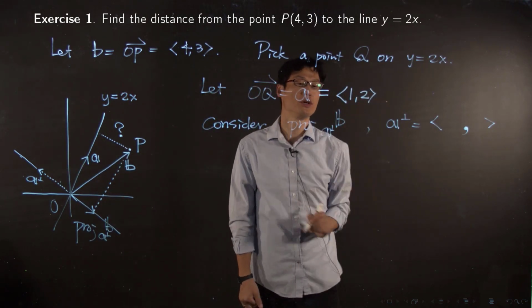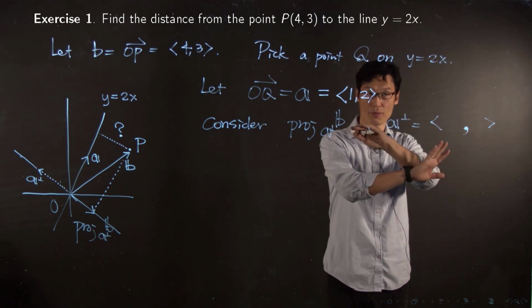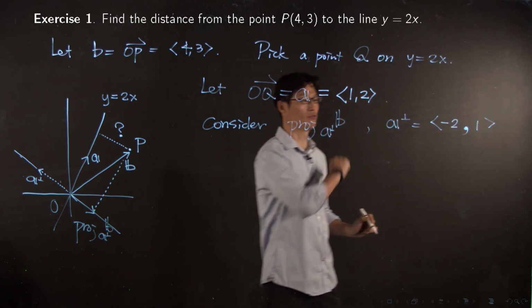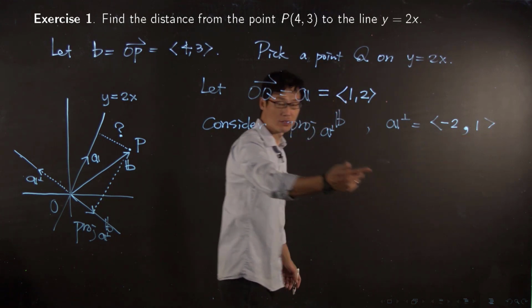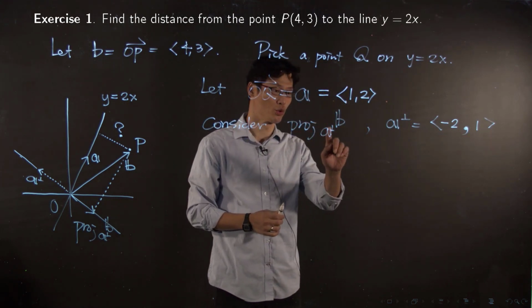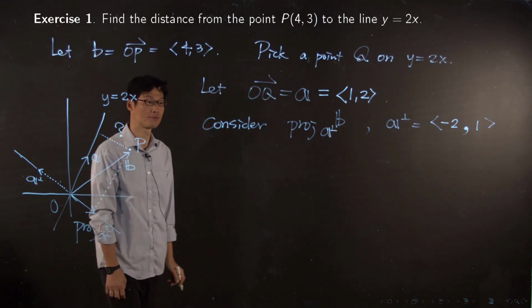Say (1, 2). So the orthogonal complement of this is, you swap the components and change the sign of the first one. So let us use this orthogonal complement and take the vector projection of B onto it.